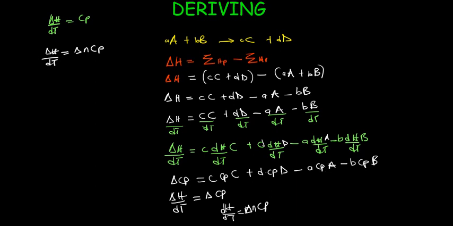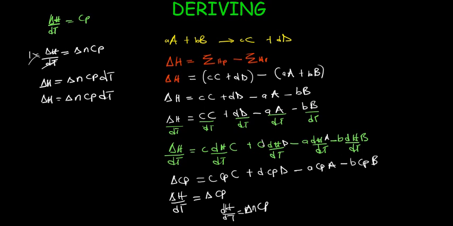Meaning that change in enthalpy, which is heat, is equal to change in the number of moles, then Cp, then I can multiply throughout by dT. So the dT goes to the other side, meaning that enthalpy change will be given by change in number of moles, then Cp, which is constant pressure, then dT, like that.